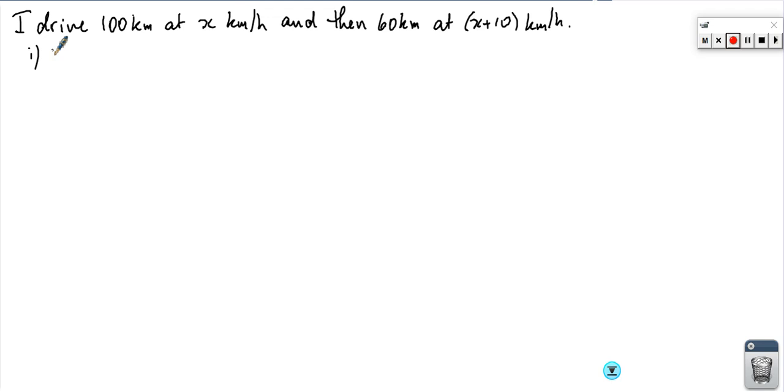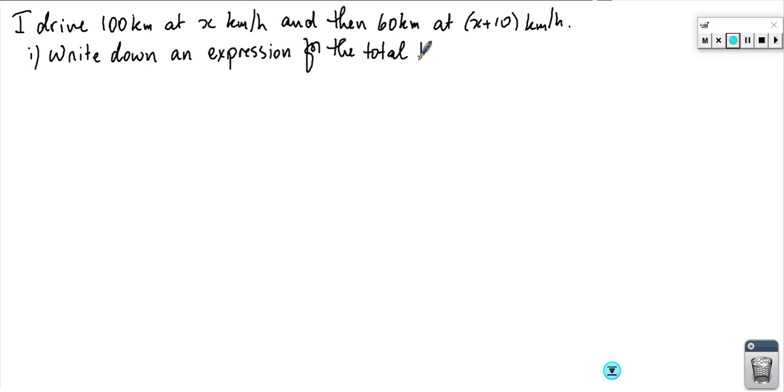Number 1, write down an expression for the total time taken. Number 2, the total time is exactly 3 hours.